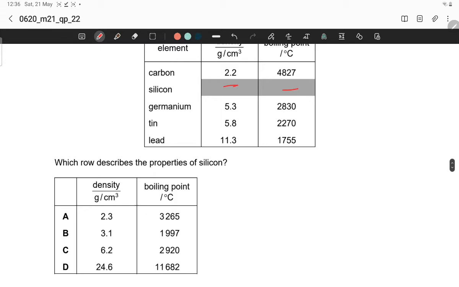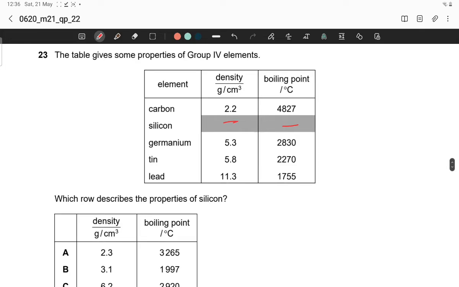Density gram per centimeter cubed. If 2.2 and the next is 5.3, the difference is 5.3 minus 2.2, so this is equal to 3.1.